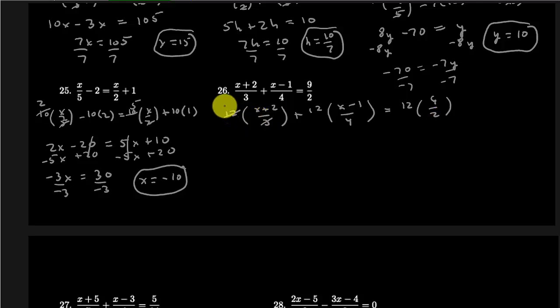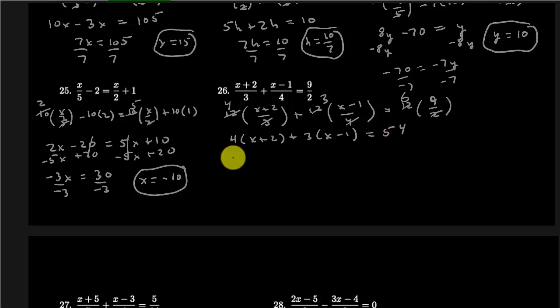And so the 12 and the 3 cancel, I'm left with 4. The 4 and the 12 cancel, I'm left with 3. The 2 and the 12 cancel, I'm left with a 6. And so that's going to be 4 times (x plus 2) plus 3 times (x minus 1) equals, and then 9 times 6 would give me 54.